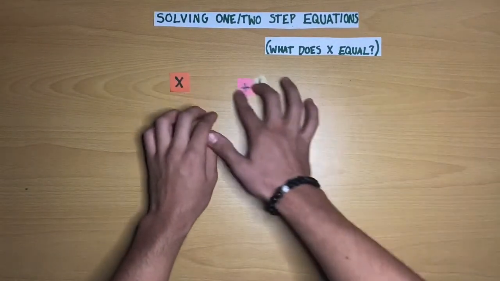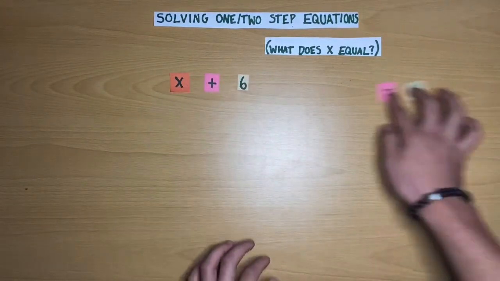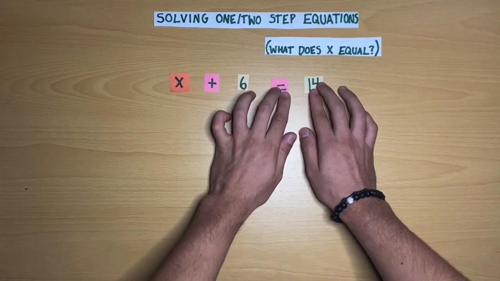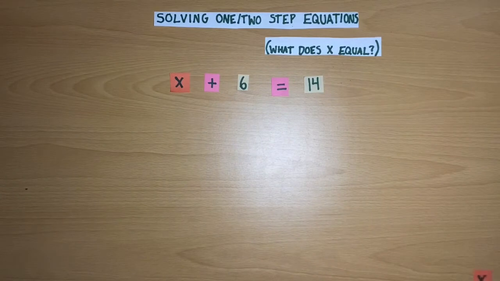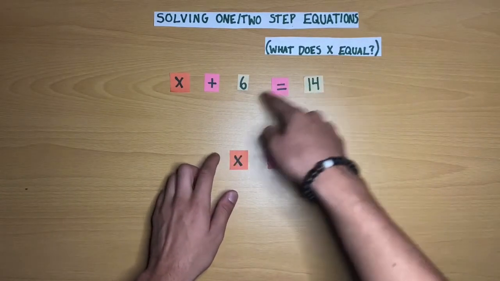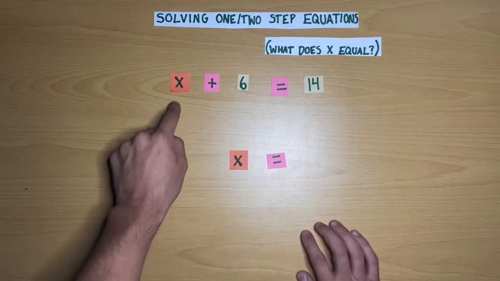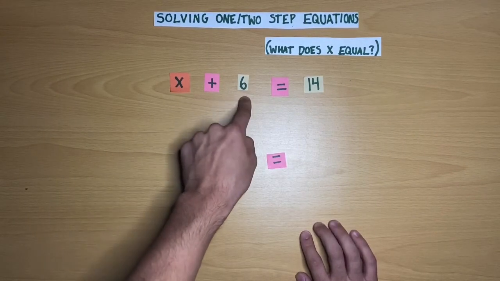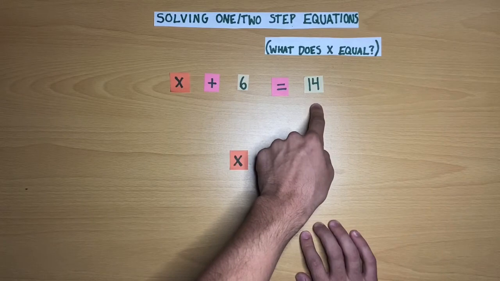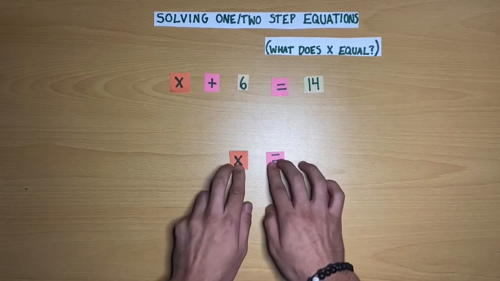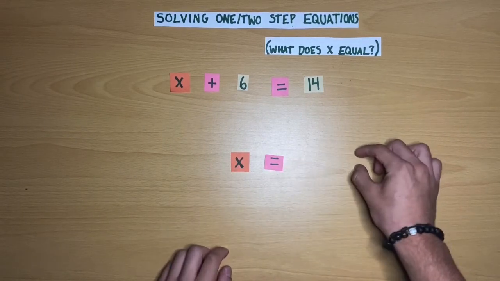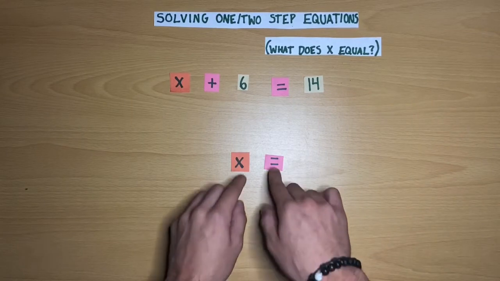We have x plus 6 equals 14. And remember, our goal here is to see, well, what does x equal to get 14? So what does x have to be that when we add 6 to it, it equals 14? And again, we just want x equals something at the end of our equation.